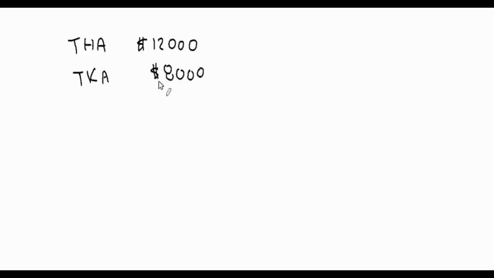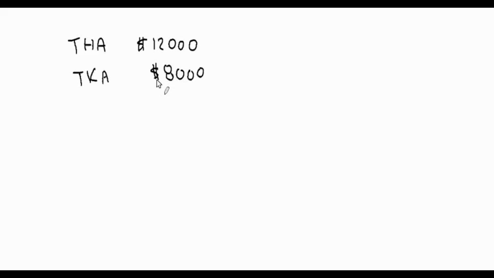Now let's do the objective function. You'll recall from the statement in the study guide that for a total hip arthroplasty, the margin or the profit was $12,000 per case. And the total knee arthroplasty, the TKA margin, was $8,000 per case.